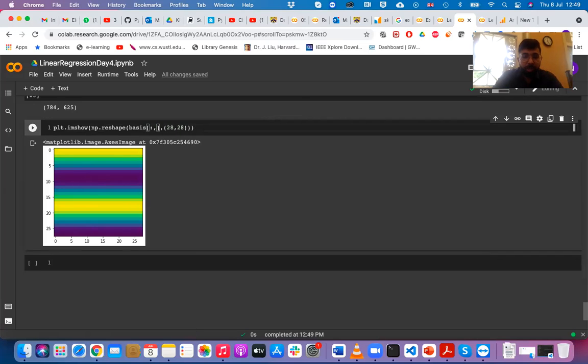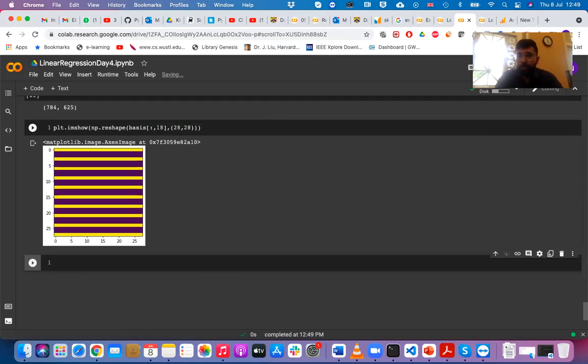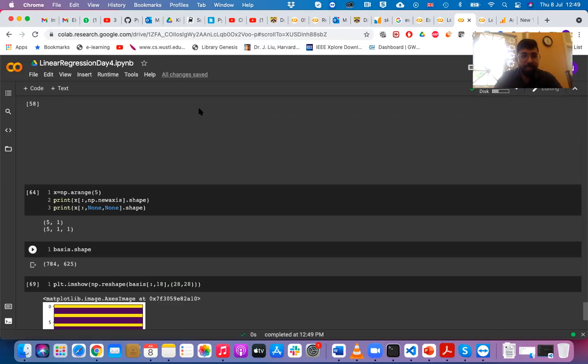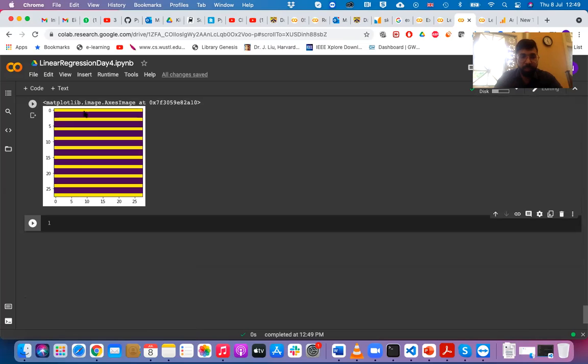You can probably look at the 18th base and so on. You can see that you're trying to write the original image in terms of these bases, and you're trying to find the optimum weights. So this might be a good practice, to just visualize these. What other observations are there, if any, for you people?